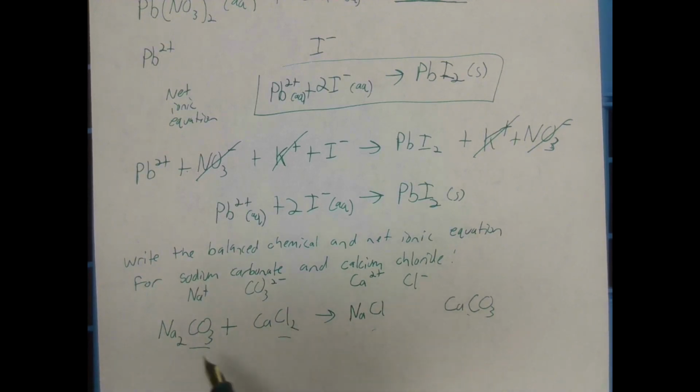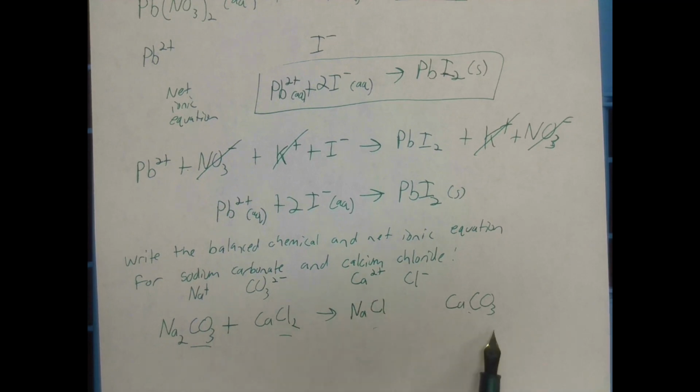When we change these out, remember we have to balance the charges. So Na is plus, chlorine is negative. Those charges cancel each other out. It's 1 to 1. And calcium is 2 plus, carbonate is 2 negative, so it's a 1 to 1 ratio. So these are the correct compounds.